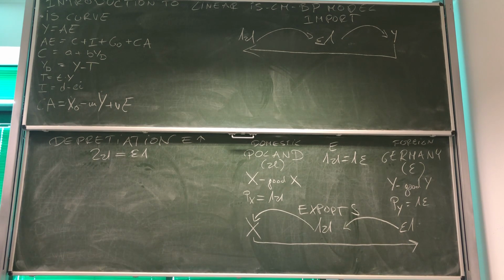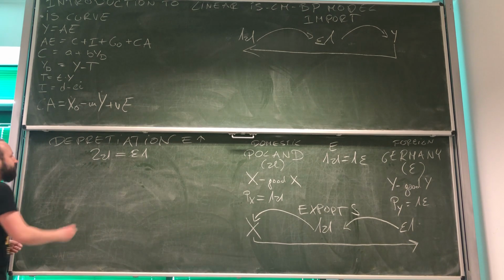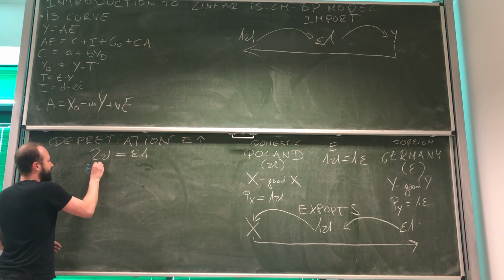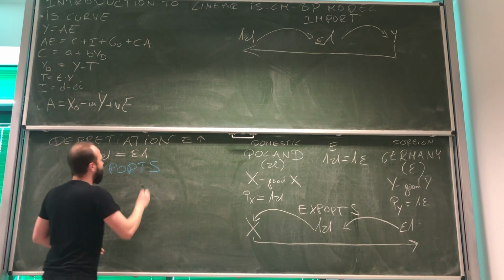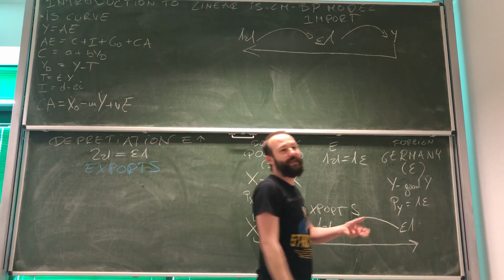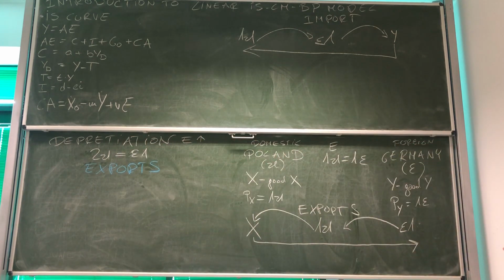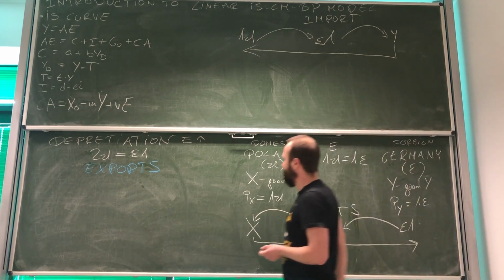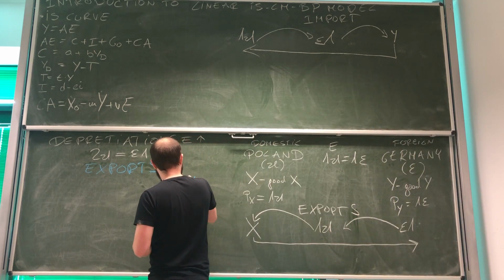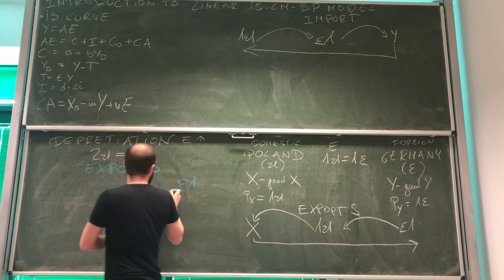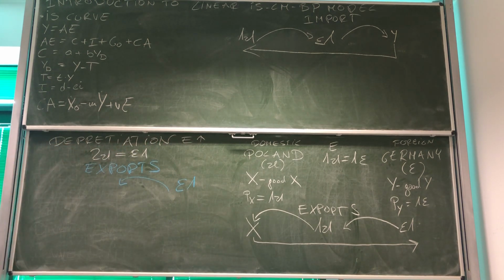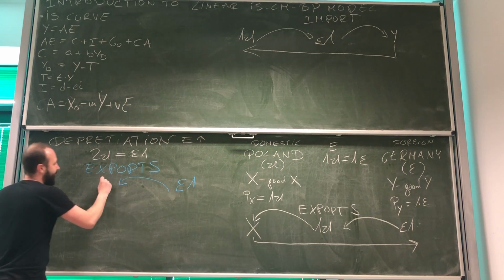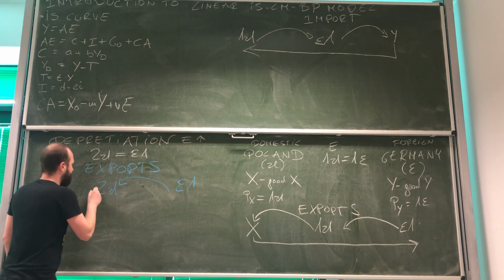And now look, let's see how in this case, first, exports of Poland should behave. Look, now our German is still taking €1, but now can go with this €1 to the foreign exchange market and get 2 zloty for it.